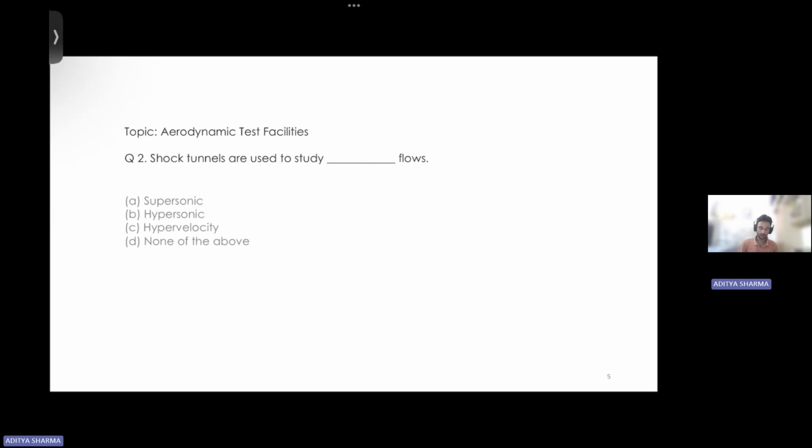And we have 4 options here. So we have supersonic, we have hypersonic, we have hypervelocity, and then the last option is none of the above.